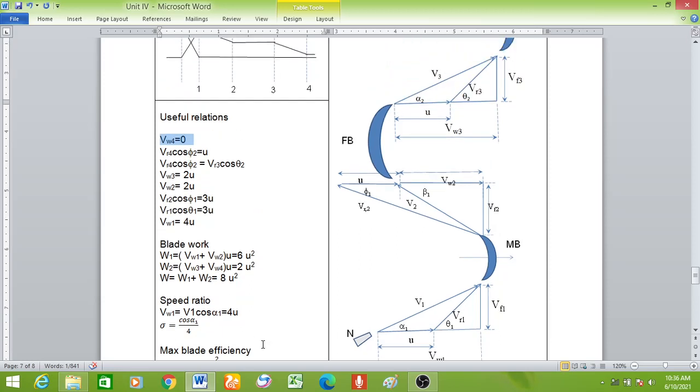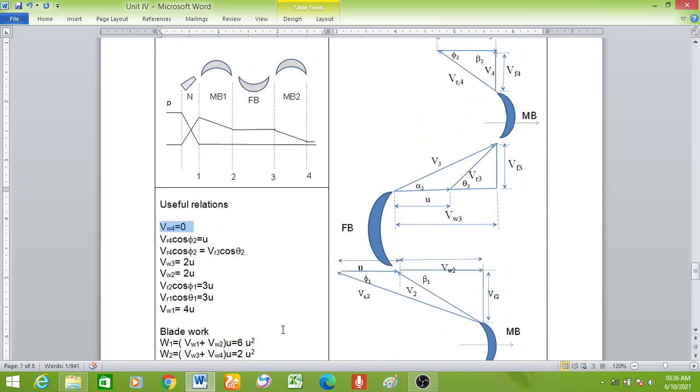So what we have seen, I will summarize. We have discussed the two-stage impulse machine, the construction and the working principle. Construction means how the stator and rotor are arranged, and what are the functions of the moving blade and fixed blade. Coming to the working principle, we have to explain what happens to the pressure and the velocity as the fluid flows. Then we go for the velocity triangles.